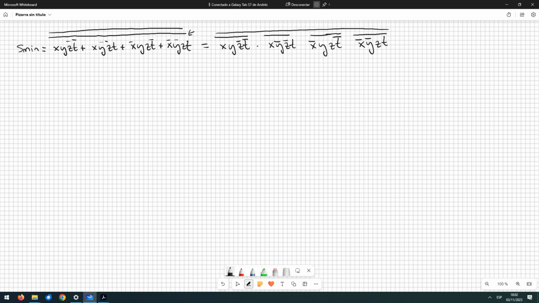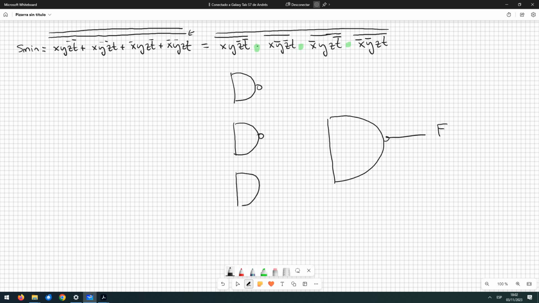So we need in the output a NAND gate with 4 inputs. So we have the NAND gate with 4 inputs. And we are going to have 4 NAND gates to implement each operand.